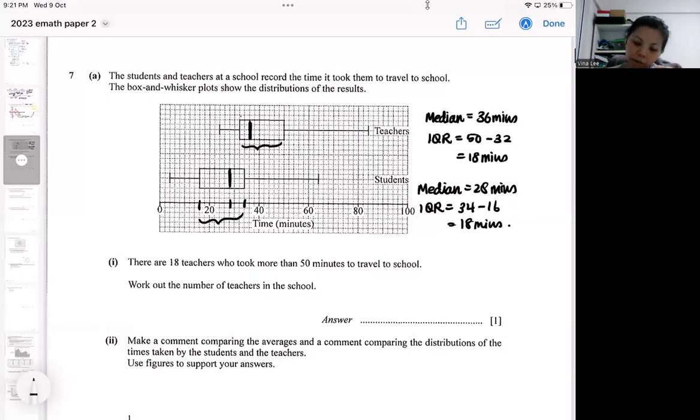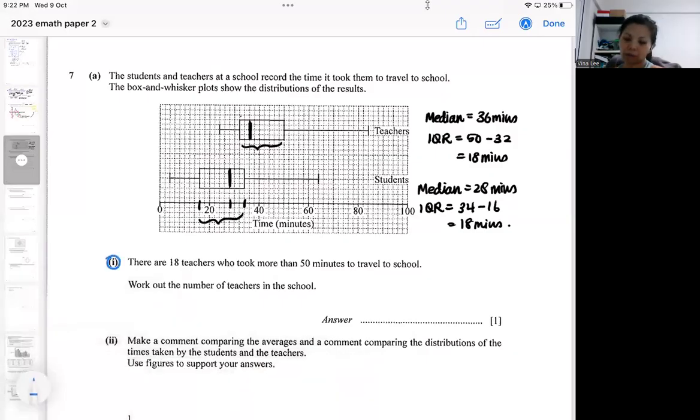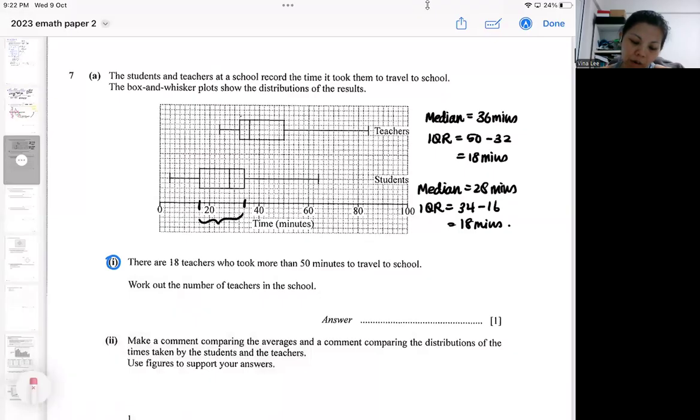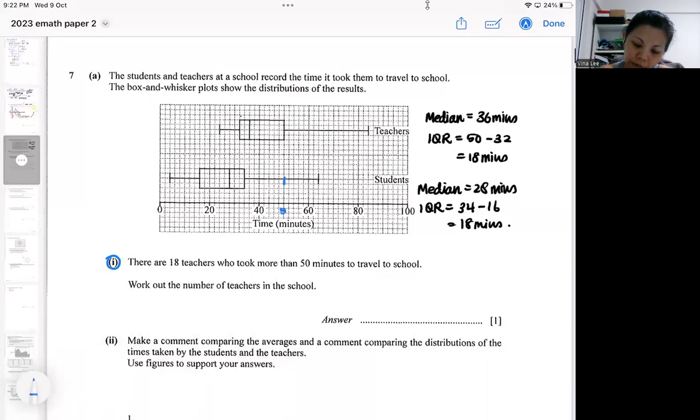Some students will actually get stuck. Those who get stuck in part 1 didn't know that a box and whisker divides the data into 25% each. There are 18 teachers who took 50 minutes or more. Where is that 50 minutes? 50 minutes is here. Why do they specify the 15 minutes? Because the 15 minutes for the teachers is the upper quartile.